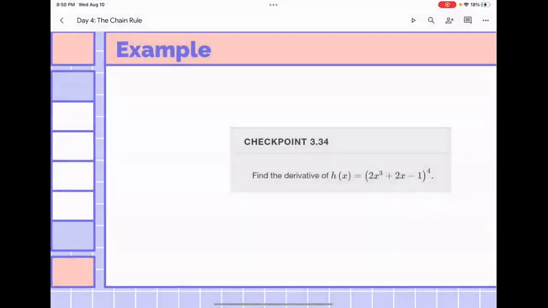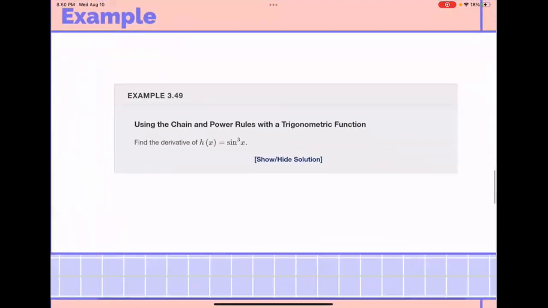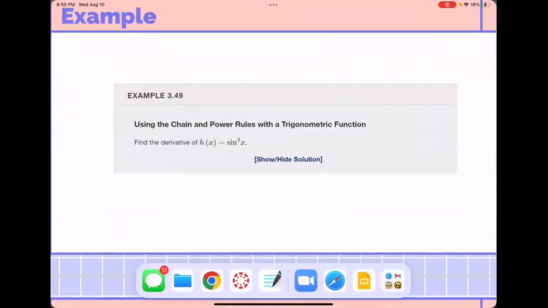Okay. Here's another example. Let's find the derivative of h of x when it's equal to sine x cubed. I know this looks kind of scary, but it's not. So we're just going to go ahead and start.